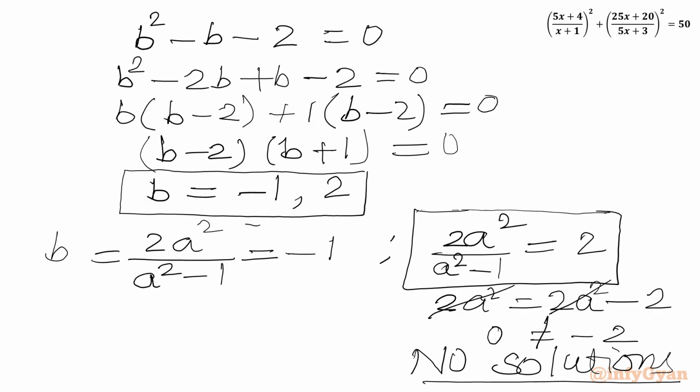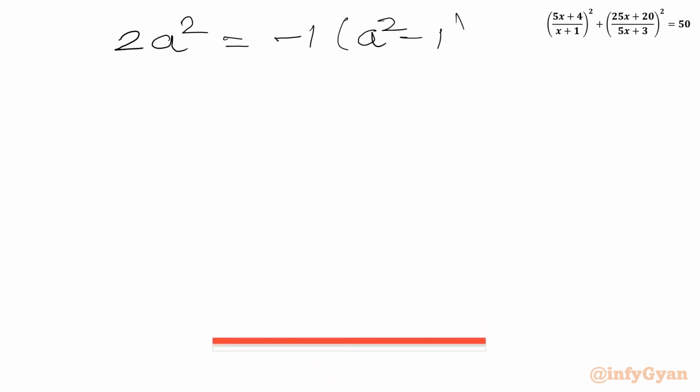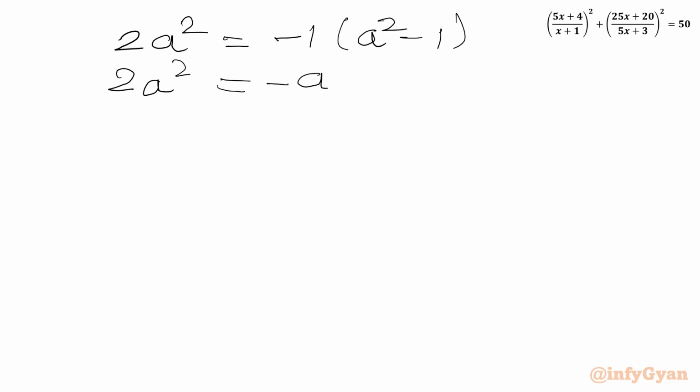Now we have to solve our first equation, 2a square over a square minus 1 equal to minus 1. Now I will cross multiply and write 2a square is equal to minus 1 times a square minus 1, or we can write 2a square is equal to minus a square plus 1.